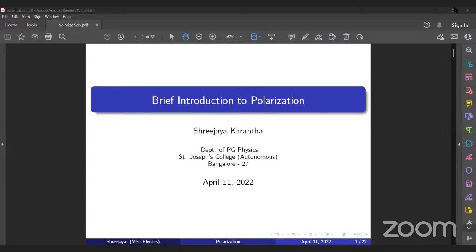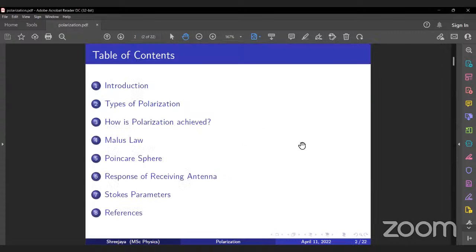Today I'm going to cover the topics: introduction of polarization, types of polarization, how is polarization achieved. There are a few types, so I'll explain that. Malus Law, Poincare sphere, and the rest of them I'll cover in the next session.